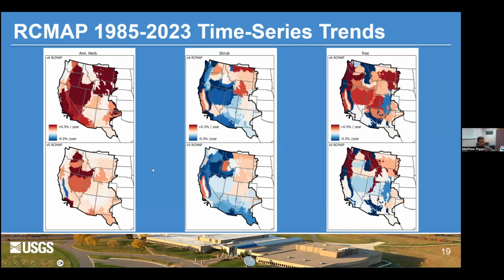I think these are maybe an even more compelling way of conveying the same information. Here, what I'm doing is condensing the trends we've seen in the previous slides to level 3 ecoregion averages. Same kind of color ramp, increase in red, decrease in blue. So we can focus on the ecoregions where we're seeing increase in, for example, annual herbaceous.